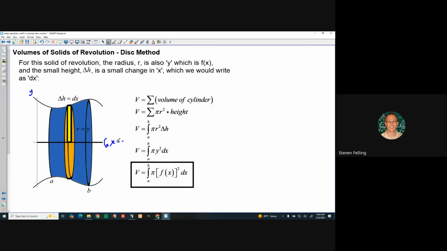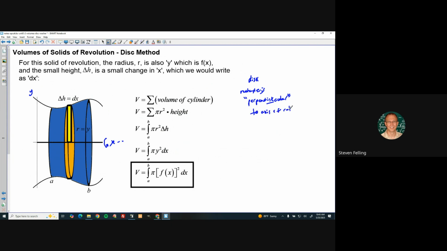So I'm going to introduce a phrase that will help you keep that in mind. When you're doing the disk method, the rectangle is perpendicular to the axis of rotation.